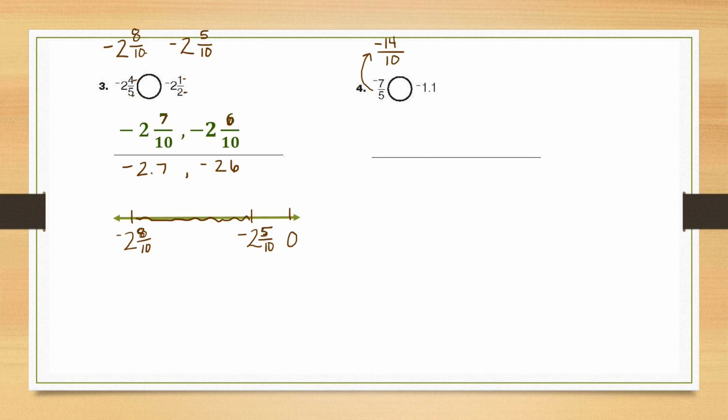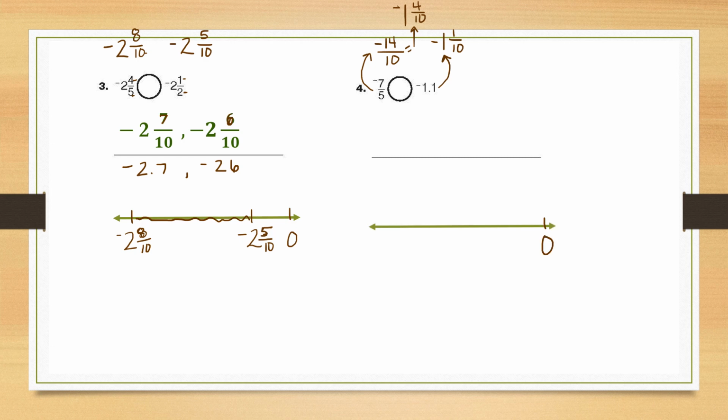Then I'm going to change this number to -1 1/10. So this would then reduce to -1 and 4/10. So now I can plot these on the number line.